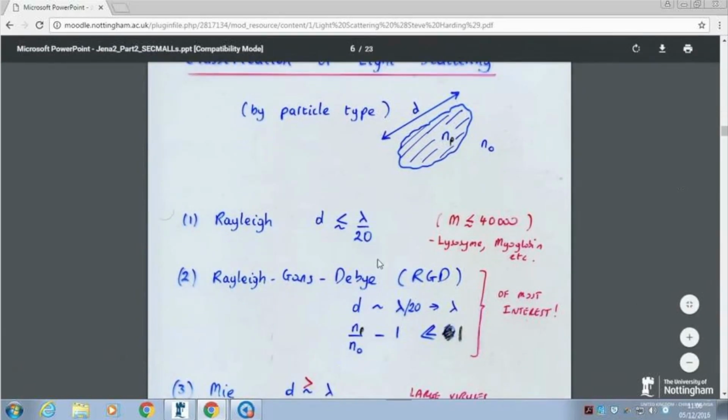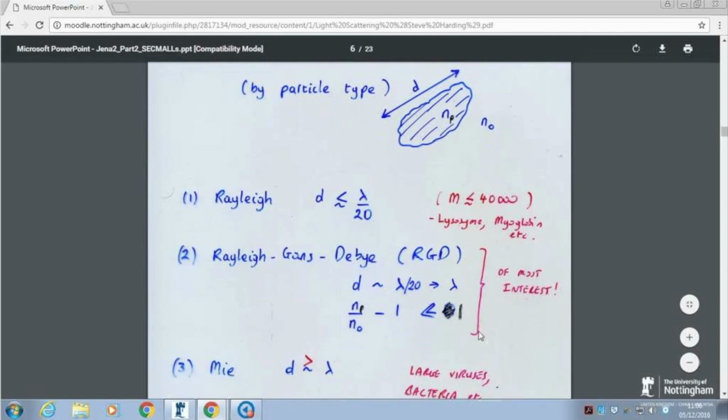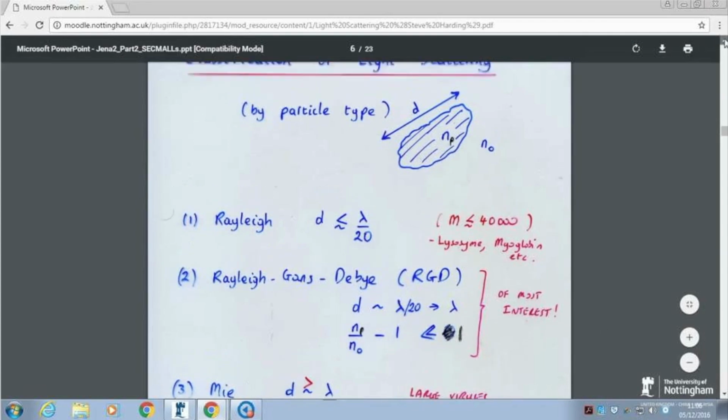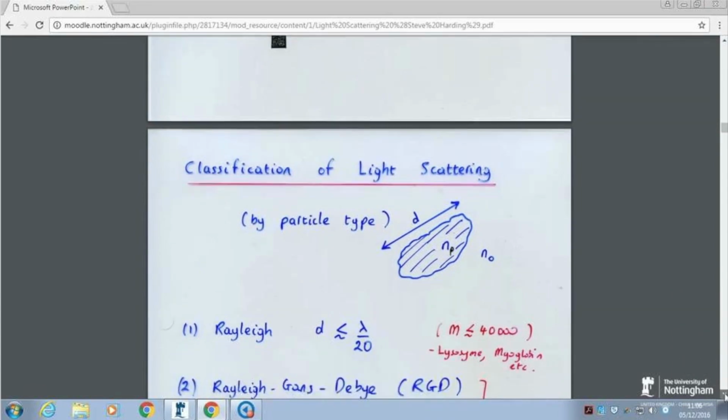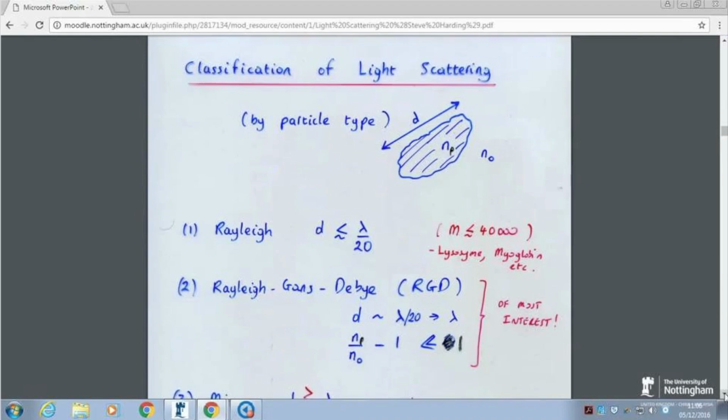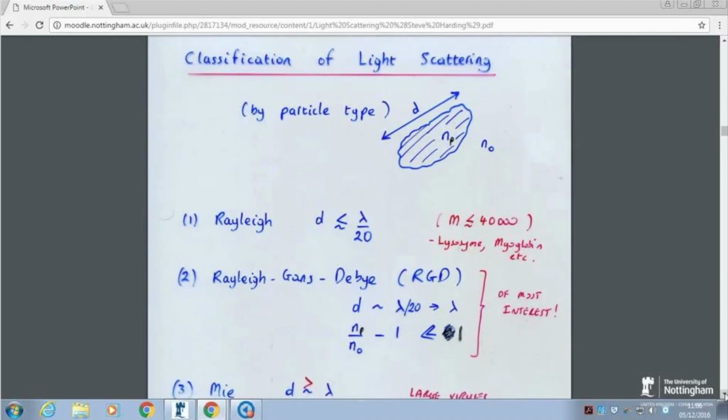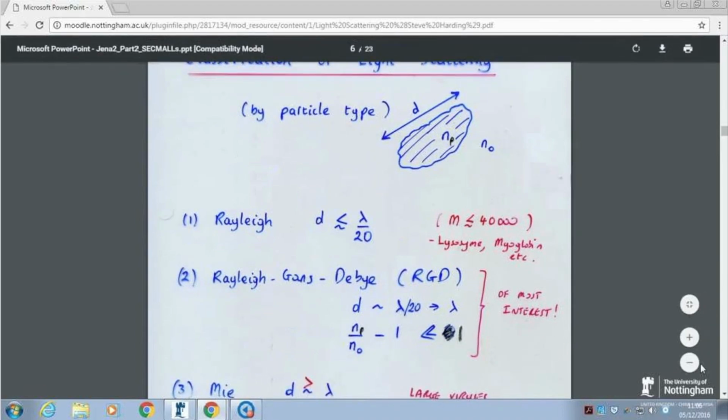And other people like Gans and Debye, who got a Nobel Prize, and myself, who contributed, along with many others, to the development of the theory of light scattering by particles in solution. When we're dealing with scattering of particles in solution, including macromolecules, there are three categories.